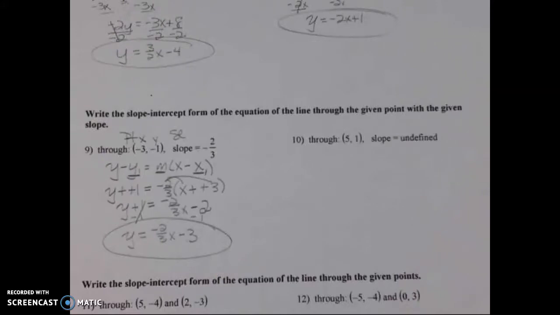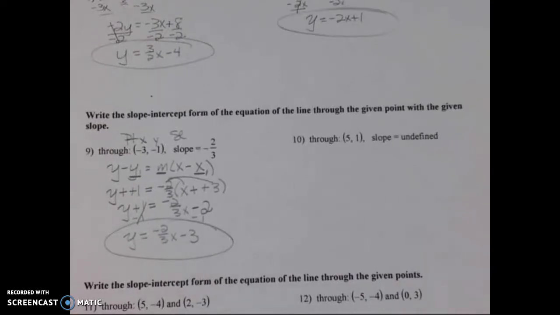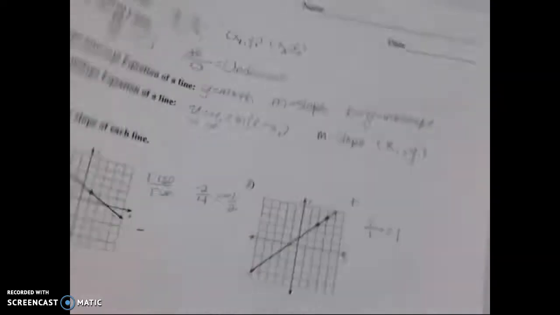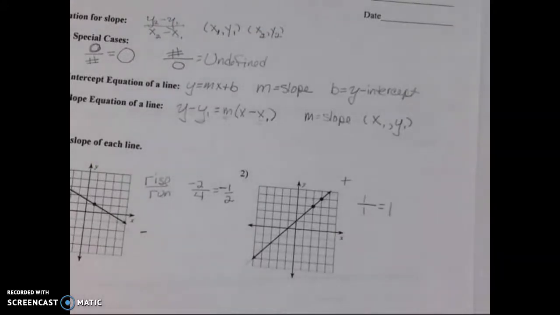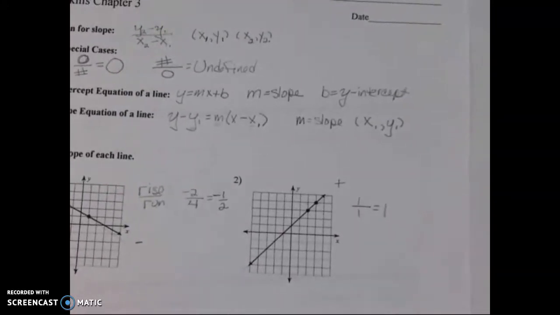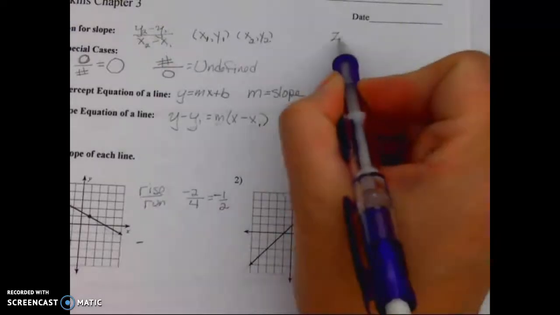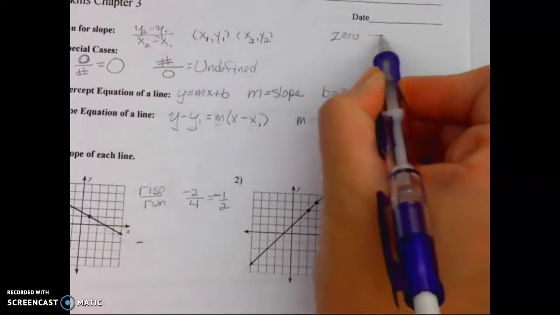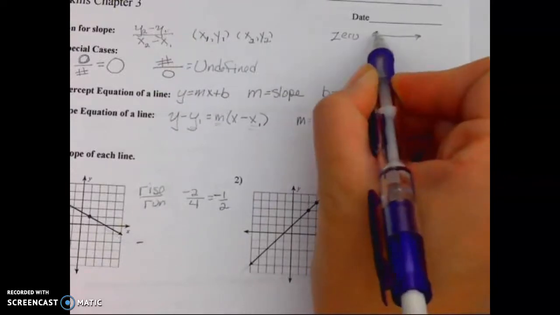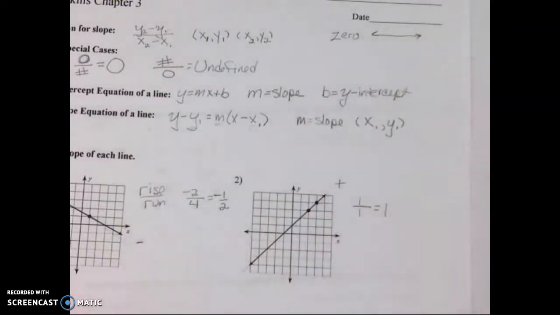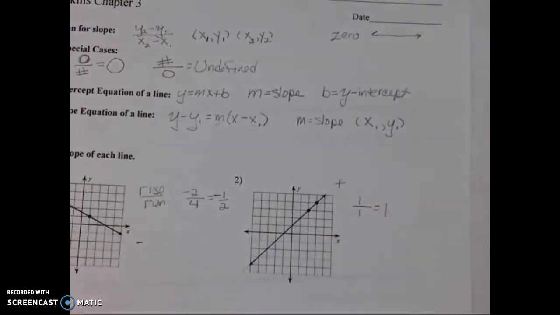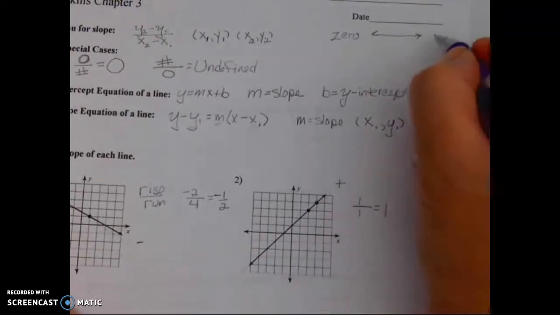Oh, undefined. If the slope is undefined, it is a... Let's go back to this note right here. We should really add this to the beginning. So if you have a 0 slope, the equation looks like this, and it's going to be the equation of y equals some number.